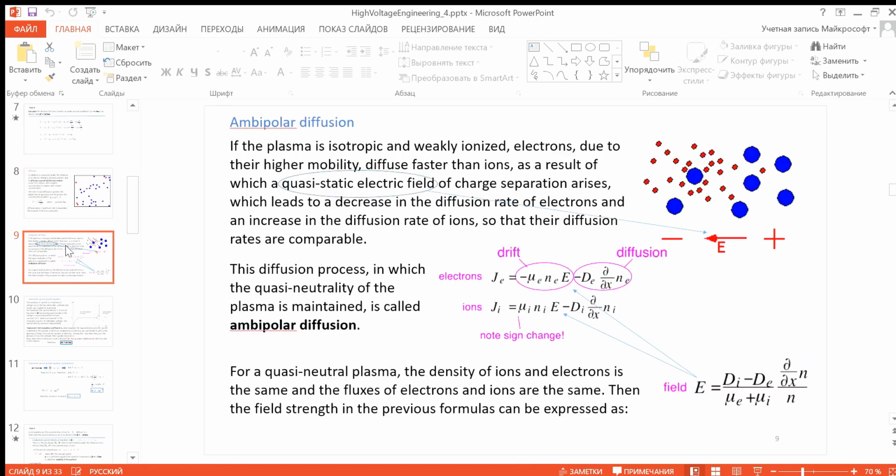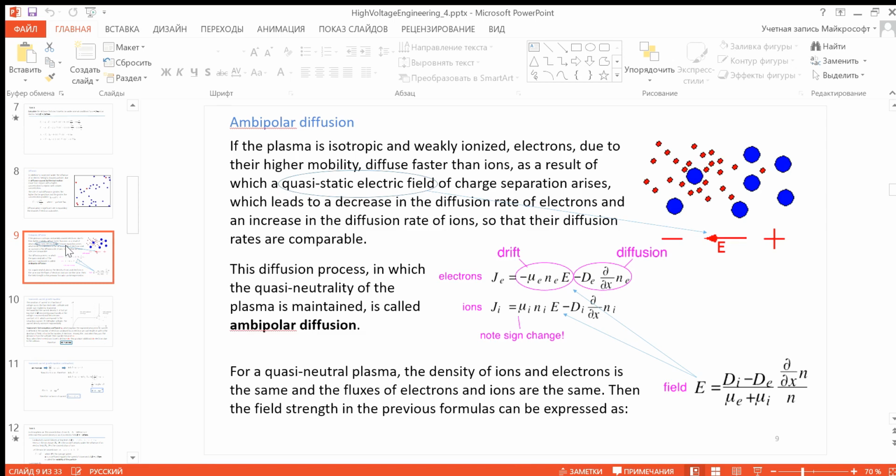Next question is ambipolar diffusion. If the plasma is isotropic and weakly ionized, electrons, due to their higher mobility, diffuse faster than ions, as a result of which a quasi-static electric field of charge separation arises.